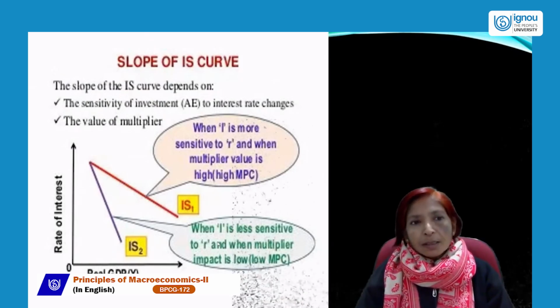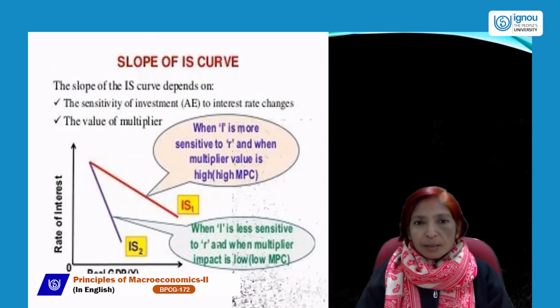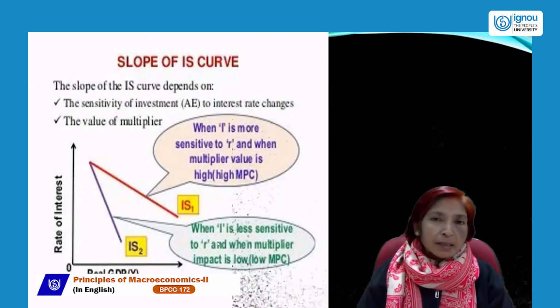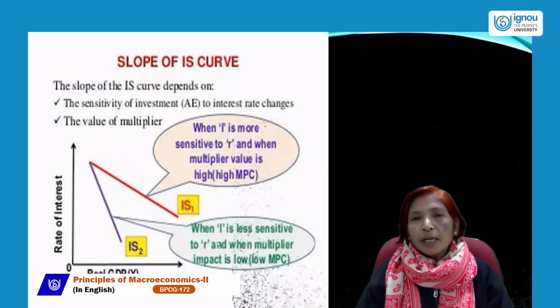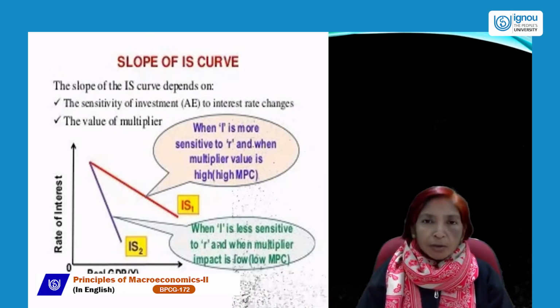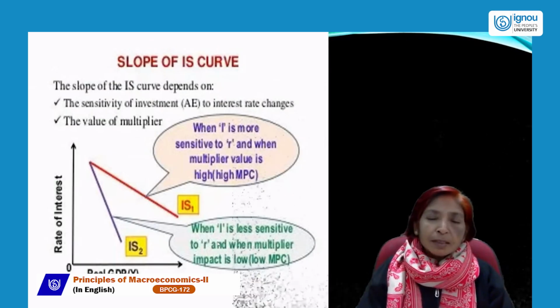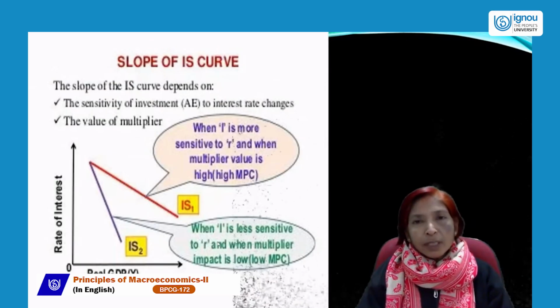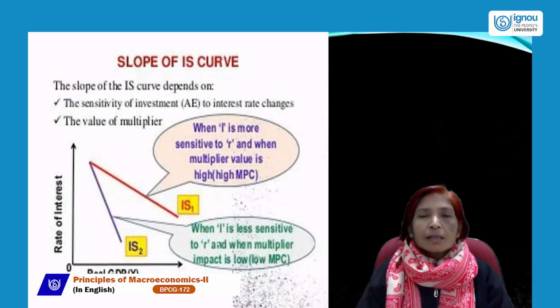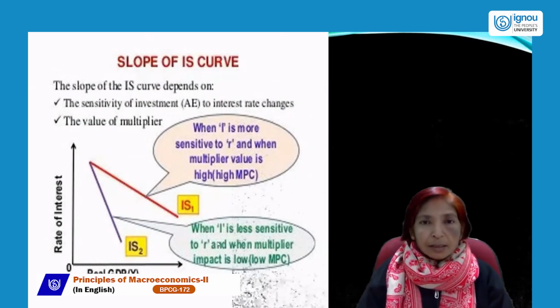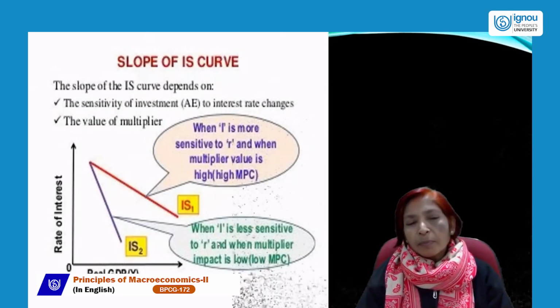One is the sensitivity of investment to the rate of interest. And second is the size of the multiplier, or the value of the multiplier.